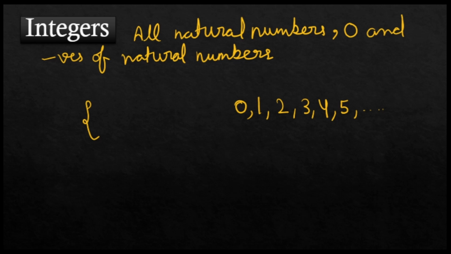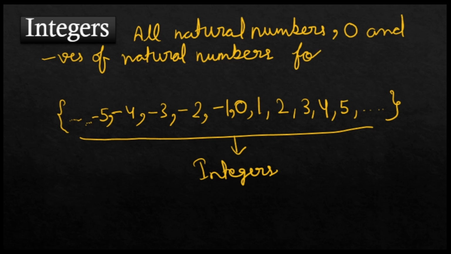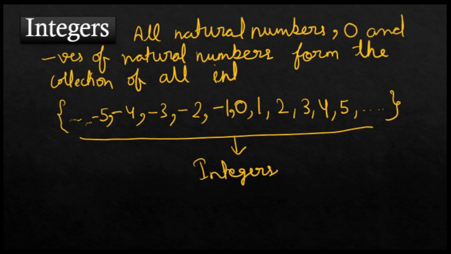Now I'm going to write negatives of natural numbers, that is -1, -2, -3, -4, -5 to infinity. Braces closed. Now this is the collection of all the integers. So all the natural numbers, 0 and negatives of natural numbers, form the collection of all integers. So this collection is the set of integers which is denoted by the capital letter Z.